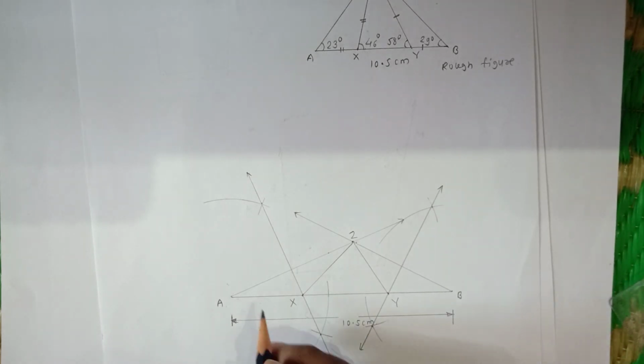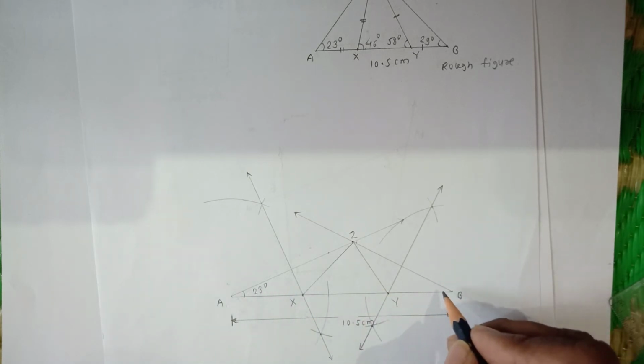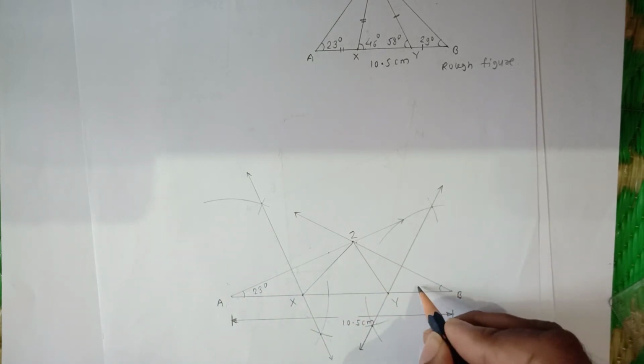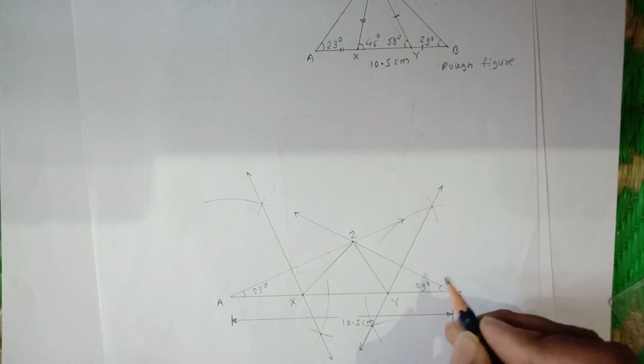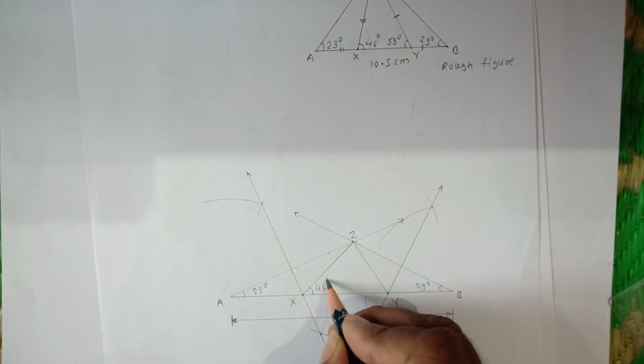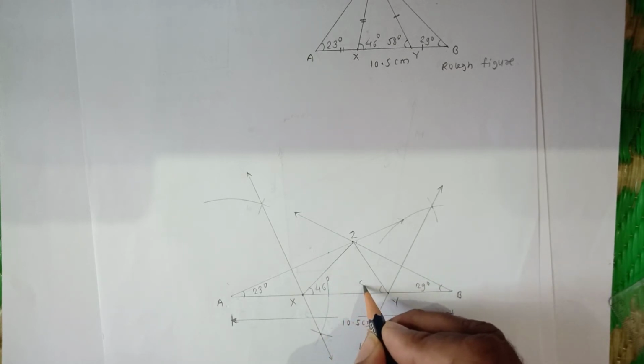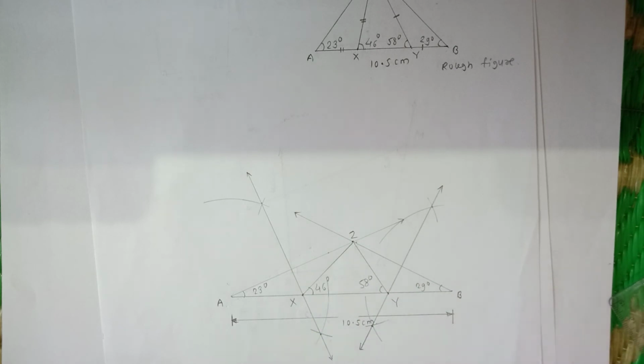Now in this figure, this angle is 23 degree, this angle is 29 degree, so angle X is 46 degree, angle Y is 58 degree. In this way we have constructed triangle XYZ.